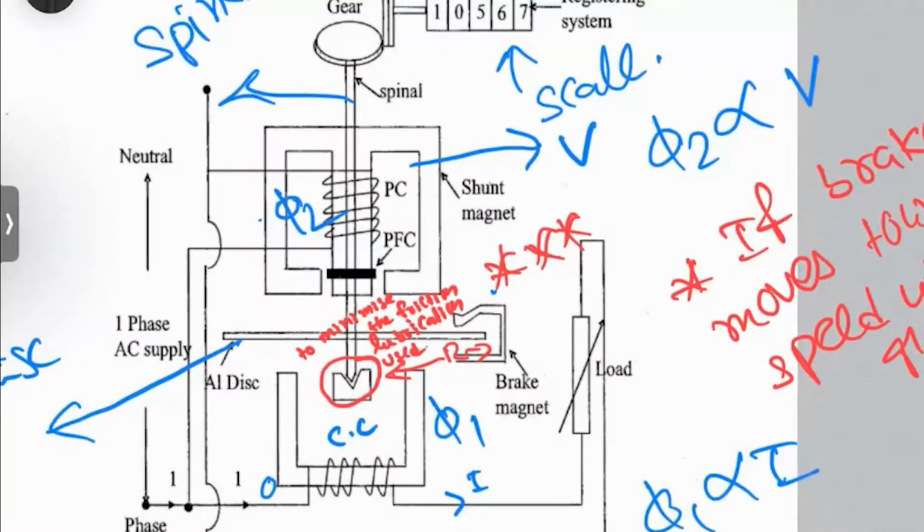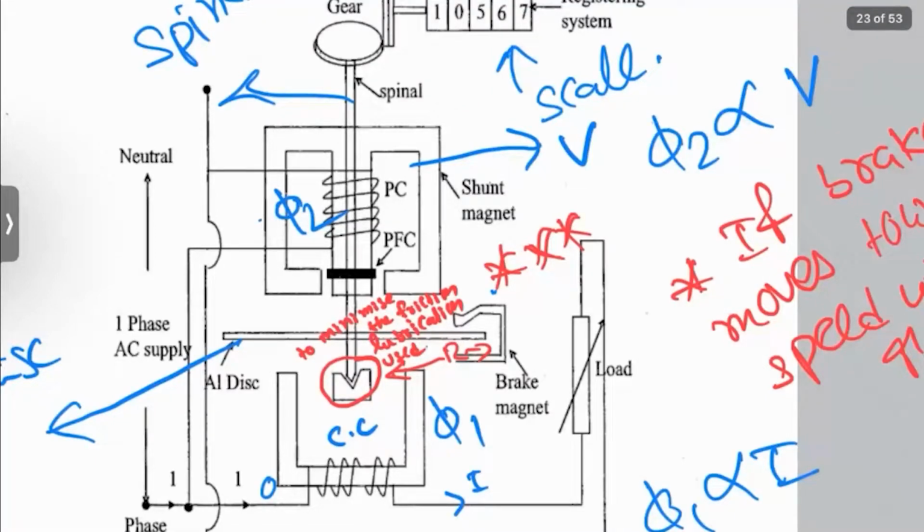If over lubrication is applied, the aluminum disc will rotate slowly.